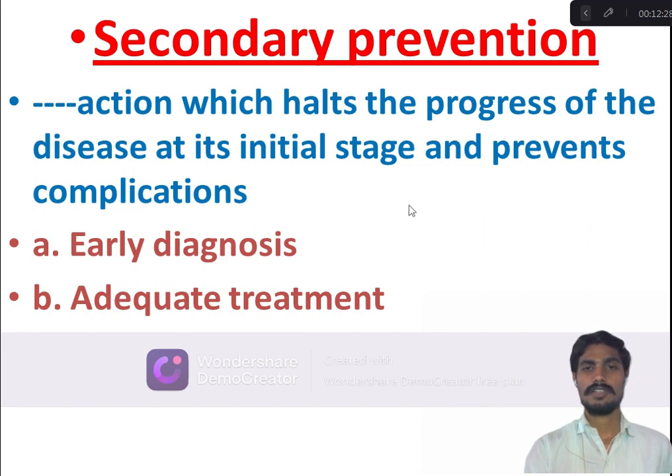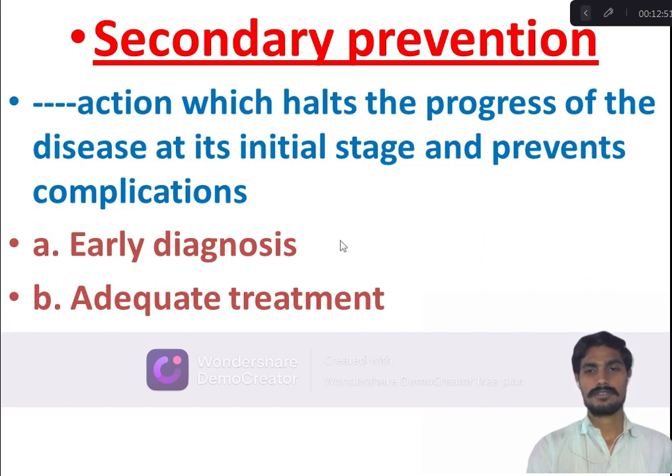After developing disease, at its initial stage, you have to prevent that. That comes under the secondary prevention. And by following this, you can prevent the complications. The secondary prevention is you can follow by the two interventions. One is early diagnosis, second one is adequate treatment.